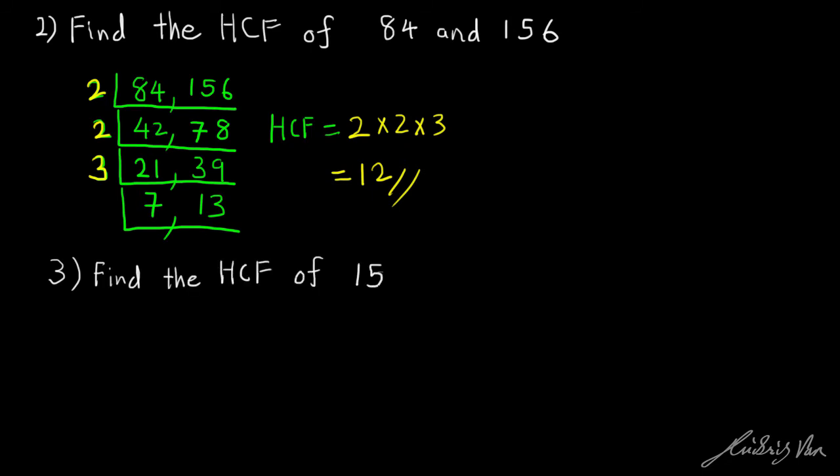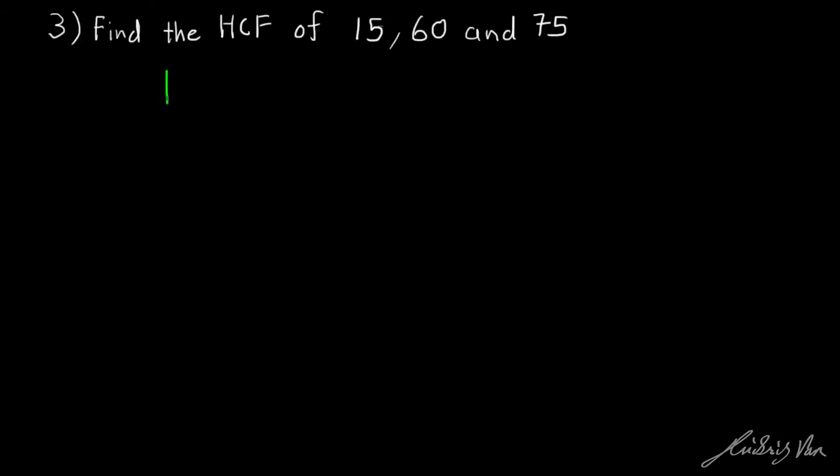So question 3 is find the HCF of 15, 60, and 75. Like always, we write them down: 15, 60, and 75. So is 2 a common factor of the 3 numbers? If it's not, we move on to the next number, which is 3. Can 15, 60, and 75 be divided by 3?